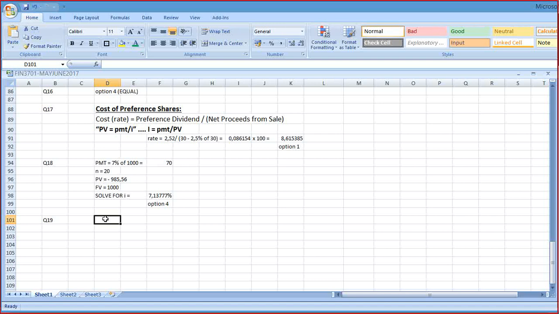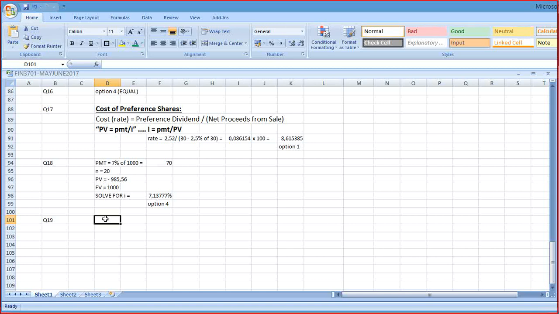I'm putting 70 as your payment, and then 985.56 as your present value, and then I just push the I/Y button. Yes. But it gives me no solution.